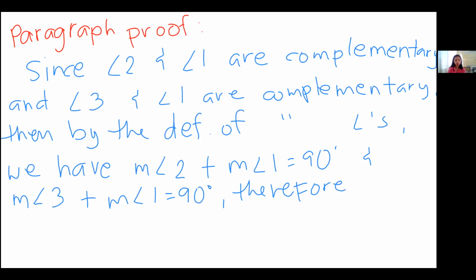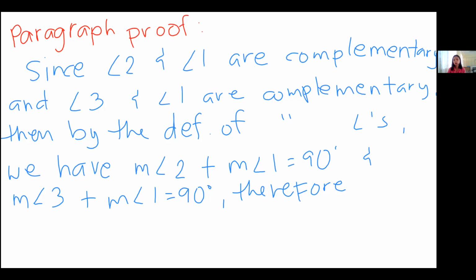So since angle 2 and angle 1 are complementary and angle 3 and angle 1 are complementary, then by the definition of complementary angles, we have measurement of angle 2 plus measurement of angle 1 is equal to 90 degrees, and measurement of angle 3 plus measurement of angle 1 is equal to 90 degrees.